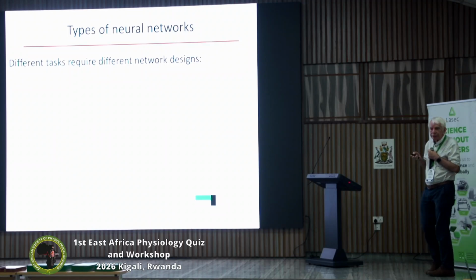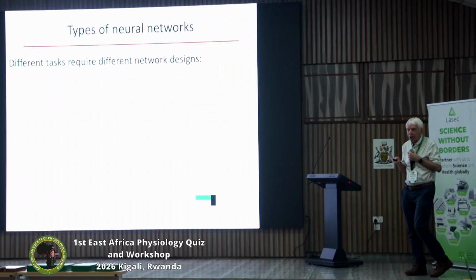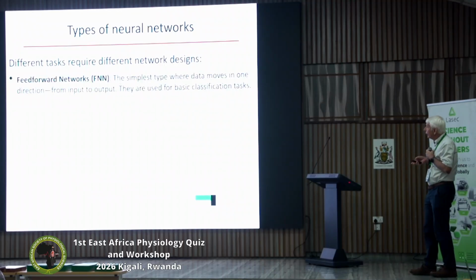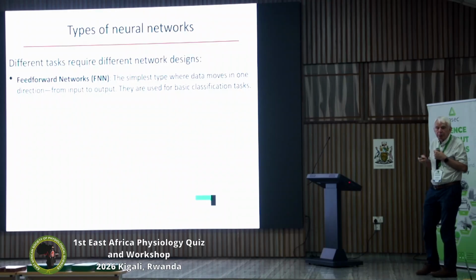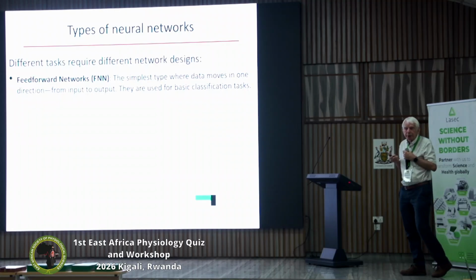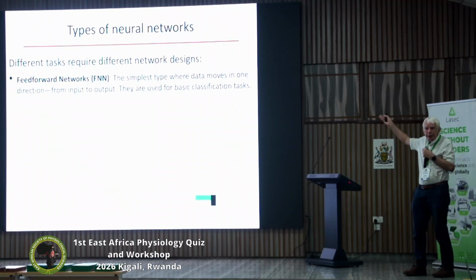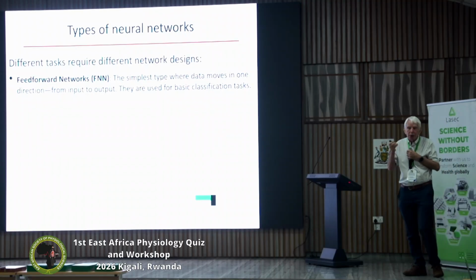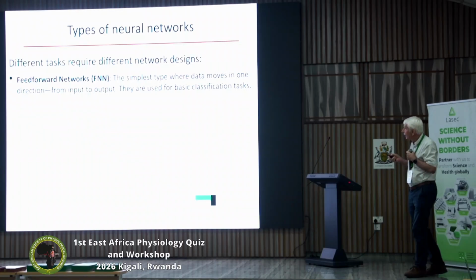So for different tasks, we have different workhorses in the central core of the model. The simplest models are what's called the feed-forward models. These are very simple things like the example I gave for the spam detection.